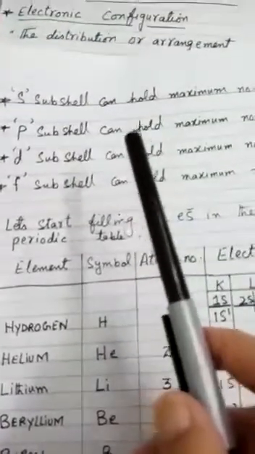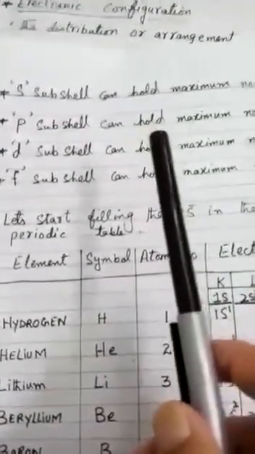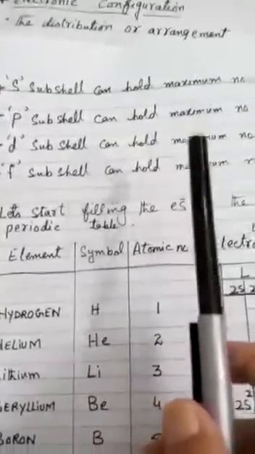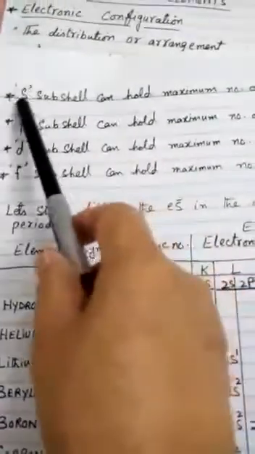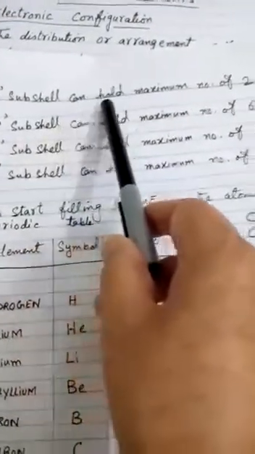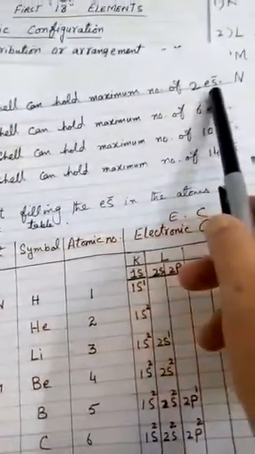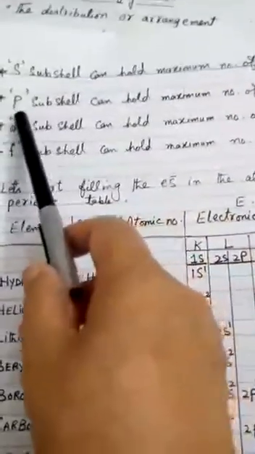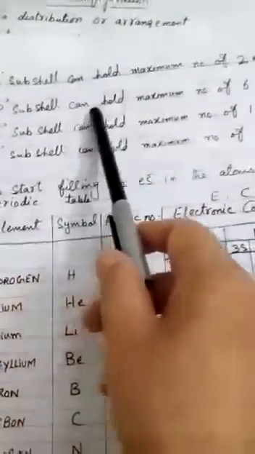Now, let me tell you, the number of electrons in each subshell is also fixed. Each subshell has a maximum capacity of a fixed number of electrons. S subshell of each shell can hold maximum 2 electrons, right? P subshell of each shell can hold maximum 6 electrons.